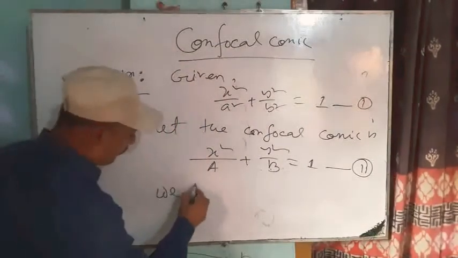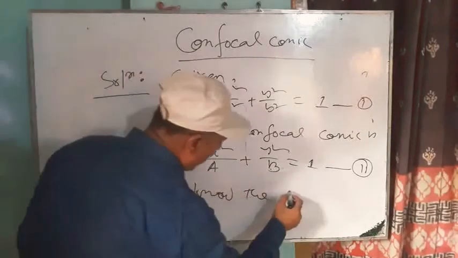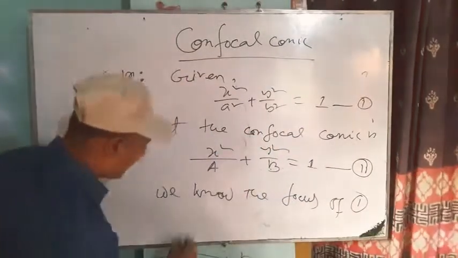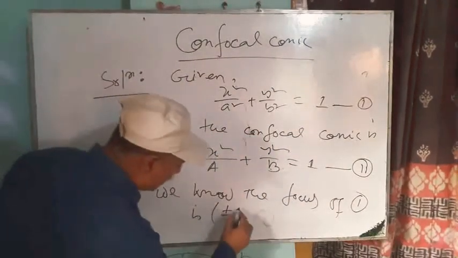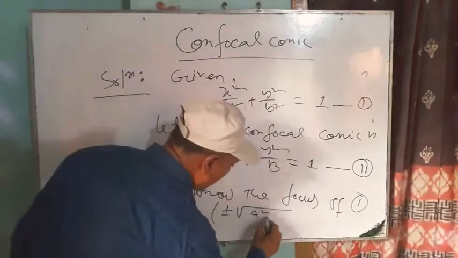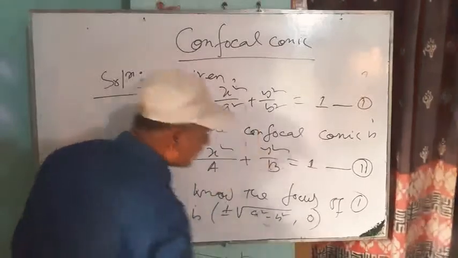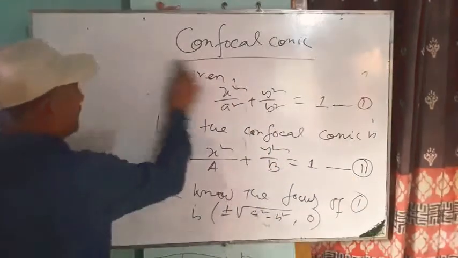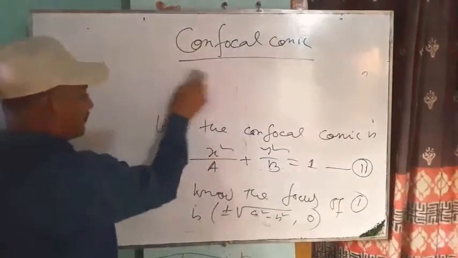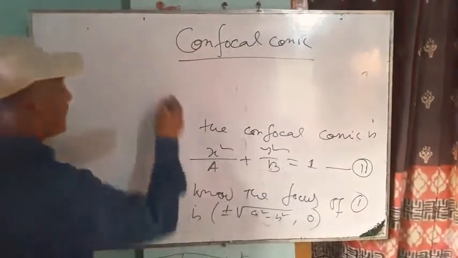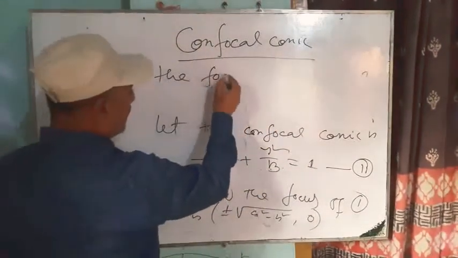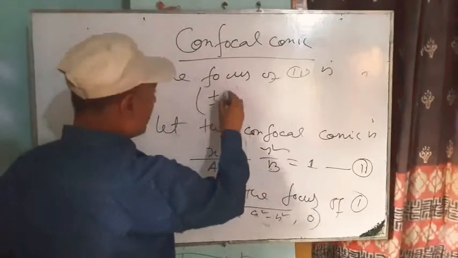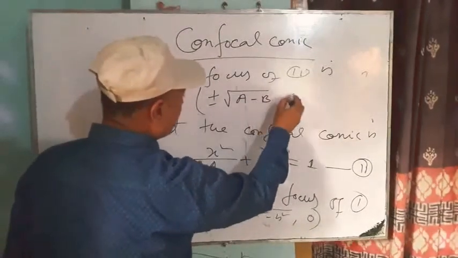We know the foci of 1 are plus minus square root of a square minus b square, 0, and the foci of 2 are plus minus square root of A minus B, 0.